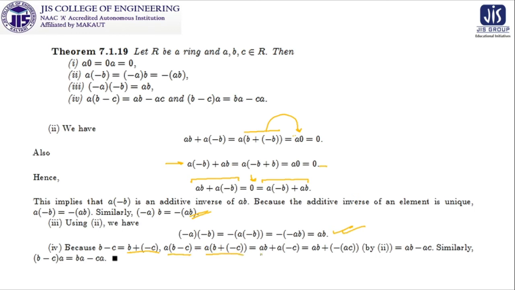So after distributing we get this one, and this can be rearranged as minus AC. So we can write it ultimately AB minus AC. And similarly for the next part of the calculation. Now we are proceeding further.